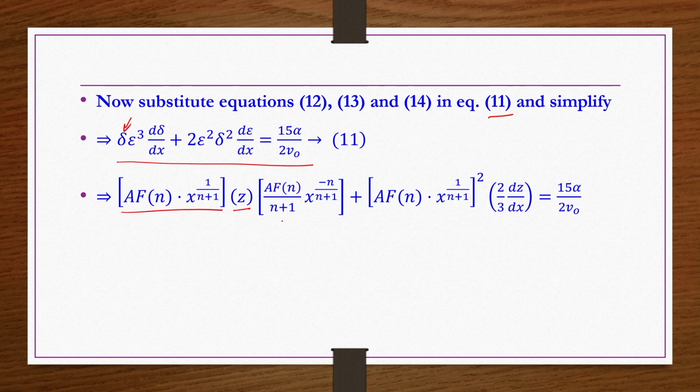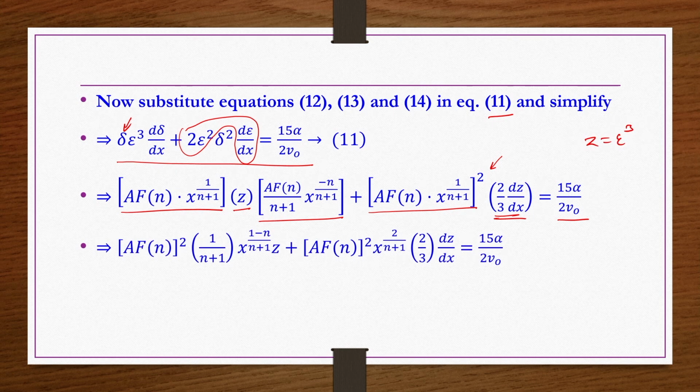D delta by dx we got A Fn by n plus 1 x power minus n by n plus 1, plus delta square is nothing but A Fn x power 1 by n plus 1, so square is there. Then the remaining terms are 2 epsilon square d epsilon by dx, which is nothing but 2 by 3 dz by dx, right. Right hand side as it is. Z is nothing but epsilon cube, that is what we are taking.